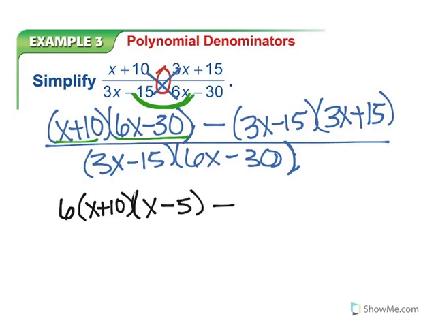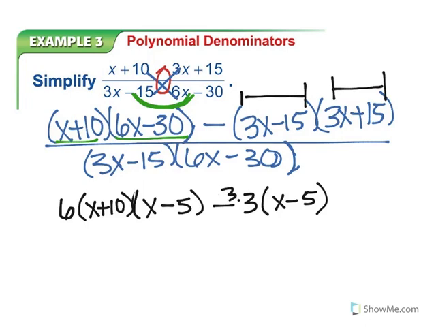That's better looking. Minus, if we take 3x minus 15, if we factor out a factor of 3, we have x minus 5 left. And then here we can factor out another factor of 3. So times 3 again. That's going to leave us with 3x divided by 3 is x. 15 divided by 3 is 5.